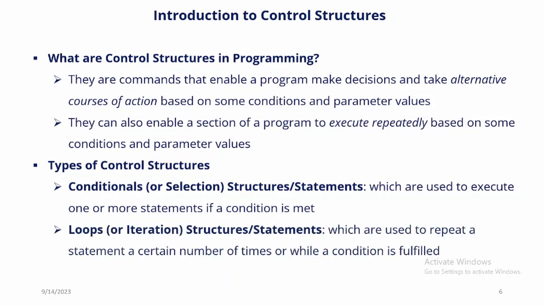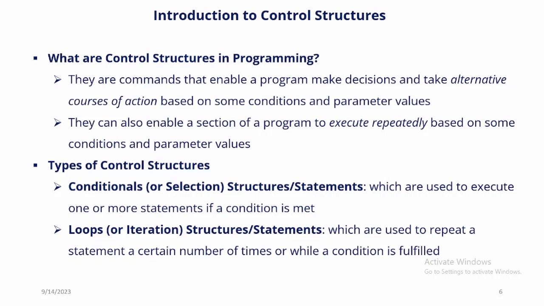Loops or iteration control structures or statements are used to repeat a statement a certain number of times while a condition is fulfilled. So the first one, called conditionals, is to make a decision between alternative courses of action, while the second one is for repeated operations.